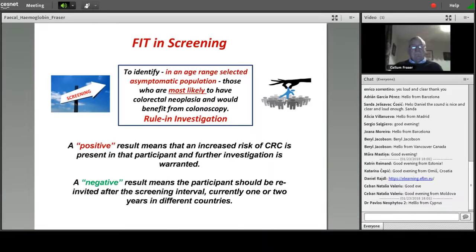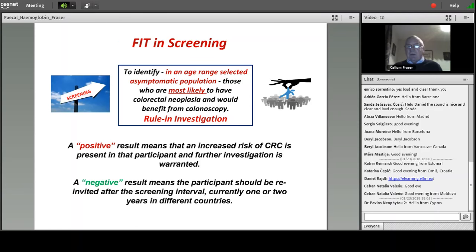confusion. So let's first of all think about FIT in screening, where we're using FIT to identify, in a selected, age-range selected population, those who are most likely to have colorectal neoplasia and would most likely benefit from colonoscopy. So this is a rule-in test.